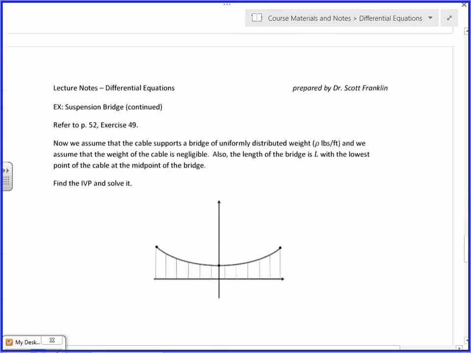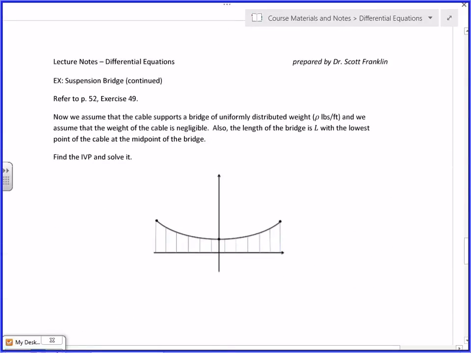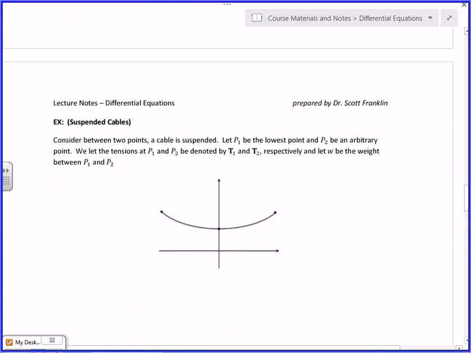And the differential equation shows you why one is a parabola when it's suspending a bridge of uniform density, whereas one that's only holding up itself is not a parabola. I'll prove that for you in a little video that I'll get posted later today.